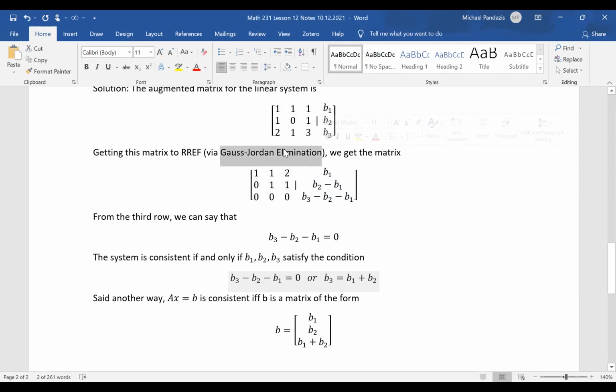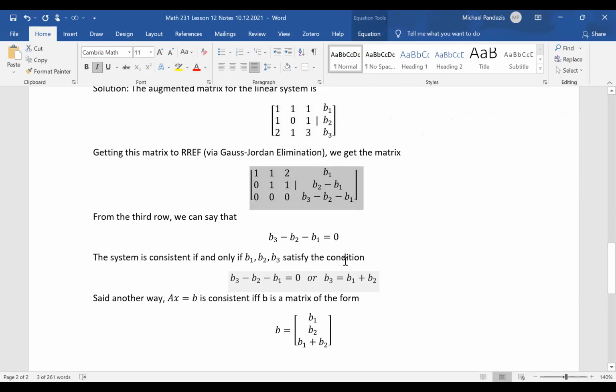Gaussian elimination only involves elementary row operations, and when you do an elementary row operation correctly to a matrix, it doesn't change the solution set of the corresponding linear system that it represents. And so when you get this matrix to reduced echelon form using only elementary row operations, all the solutions of this are the same as all the solutions of that.